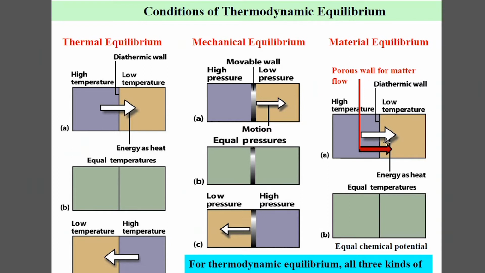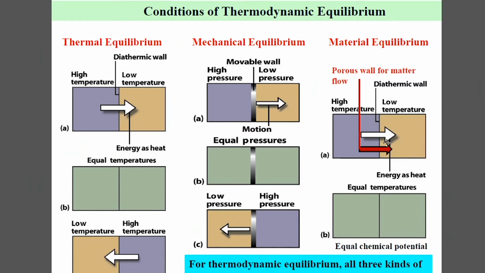And what about the mass transfer? Mass will flow from a high concentration to a low concentration through the permeable membrane, so that you reach an equal concentration in both the system and the surrounding, or the two systems in contact.